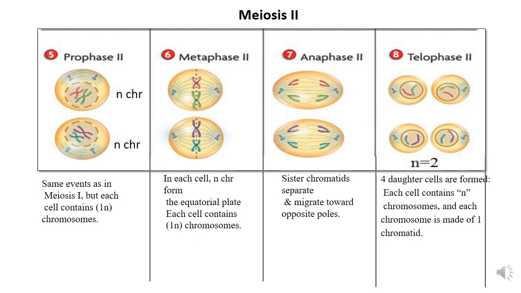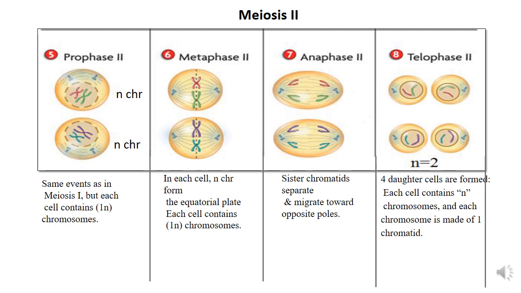In anaphase II, since every single chromosome is on a spindle fiber, what is going to happen here is a splitting of the centromere. So the chromosome divides into 2 chromosomes, each of 1 chromatid, and each chromosome of 1 chromatid is going to move to one pole of the cell. So sister chromatids separate and migrate toward opposite poles.